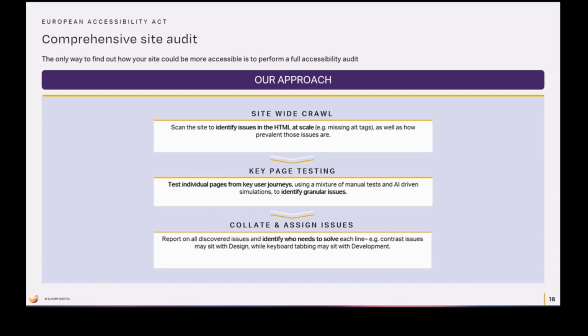There is a small level above that, which we're going to do for everyone who's registered for this webinar, where we can run what's called an overview audit. We'd take the different standards: there's best practice, and then A and AA at various levels. We'd run your site through, and then tell you how many of your URLs throw up issues for that problem.